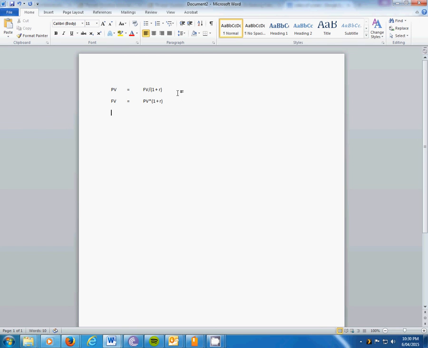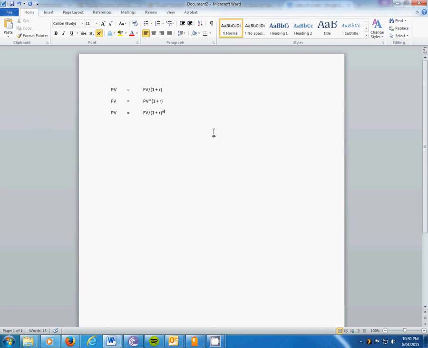Of course, when we have multiple periods, we get exponential compounding of our interest, and the same thing happens in reverse for discounting. So PV becomes future value divided by 1 plus the rate, to the power of n.